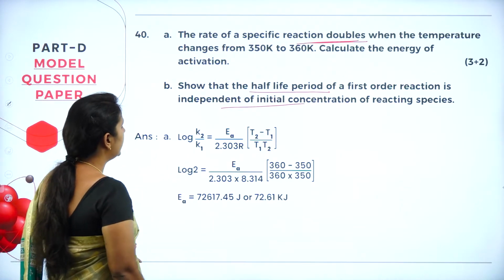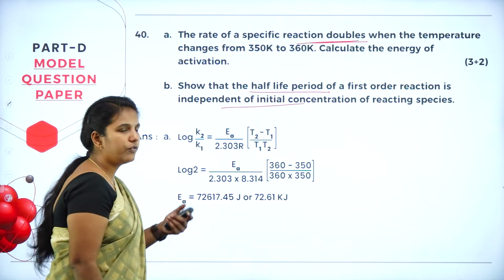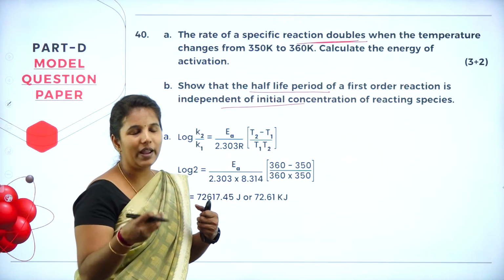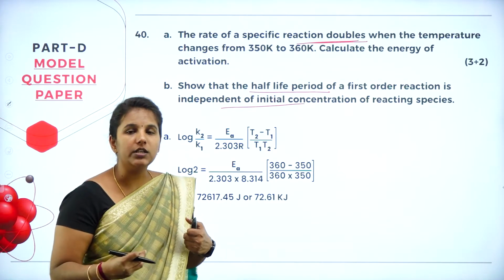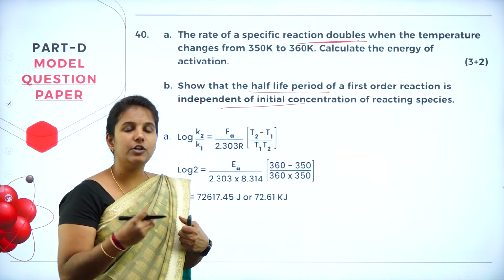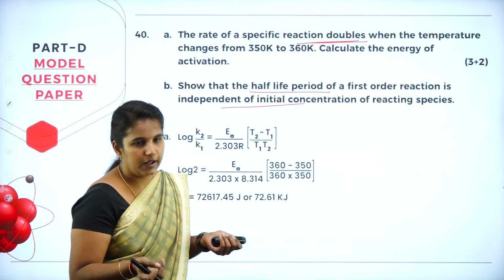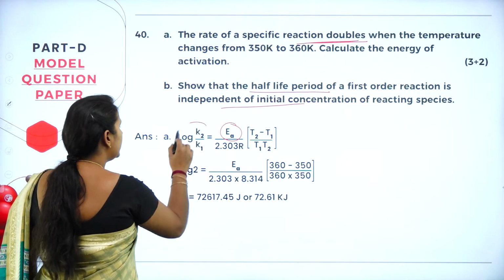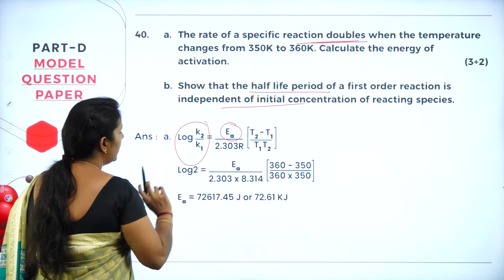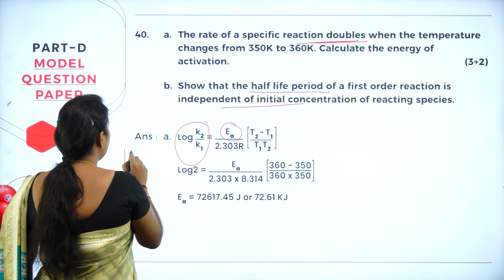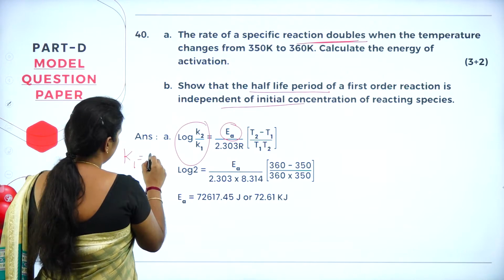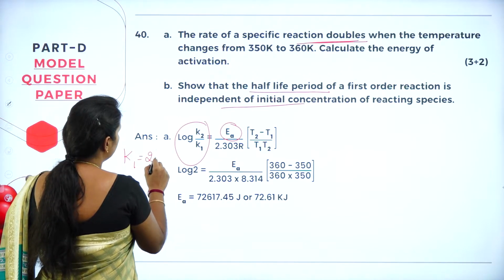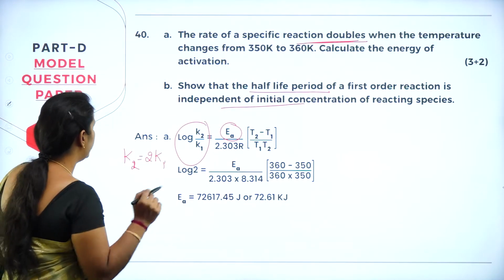Now, we know that we have a formula of log of K2 divided by K1 equal to EA divided by 2.303 into R into T2 minus T1 divided by T1 and T2, right? And we know that we have to calculate the EA, and they have not given the values of K2 and K1. But they are saying that K2 is equal to 2 into K1.